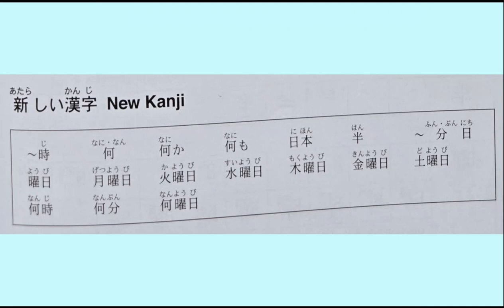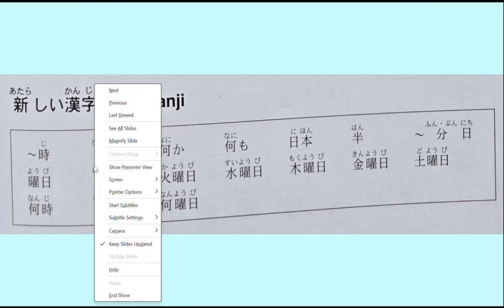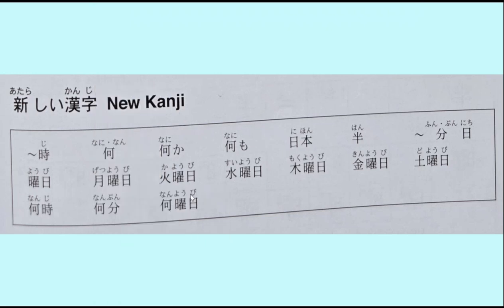As you can see, these are various words that are formed using one or more kanjis and one or more kanji appended with some hiragana characters. So the first one, let me initiate the pointer. The first one is Ji, which means hour or time.